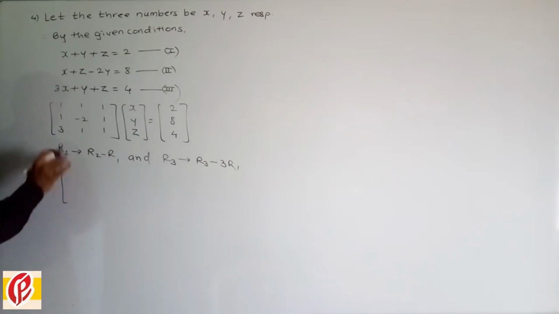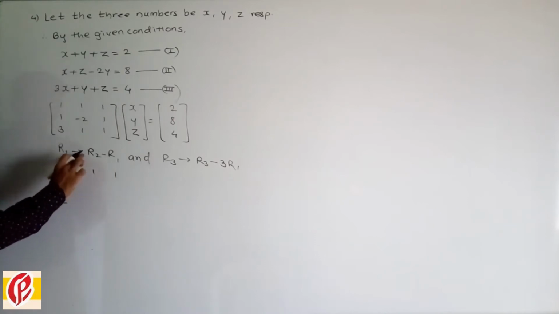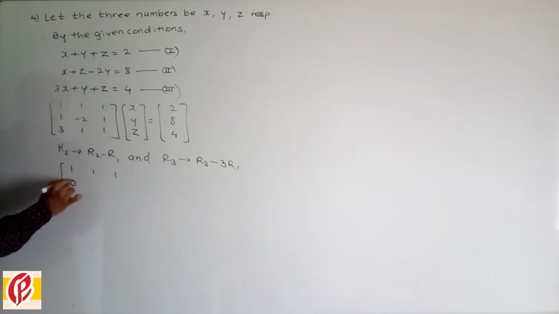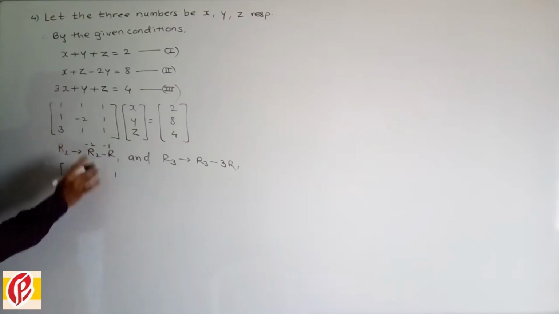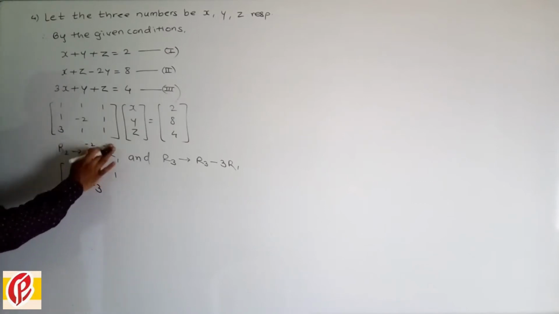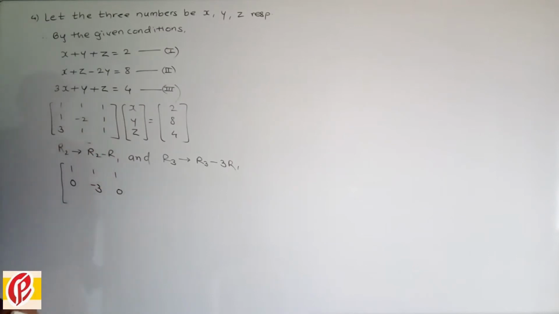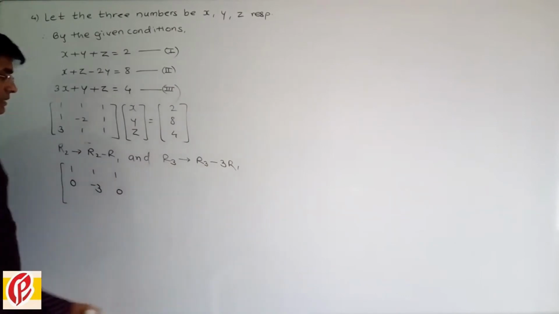Therefore, the first row as it is: 1 1 1. Then the second row, R2 changes to R2 minus R1. So 1 minus 1 is 0, minus 2 here, and here 1 minus 1 is 0, so minus 2 minus 1 is minus 3. And R3 changes to R3 minus 3R1.